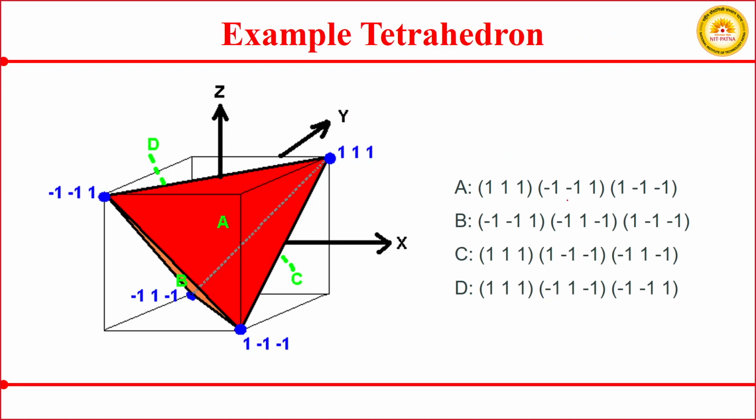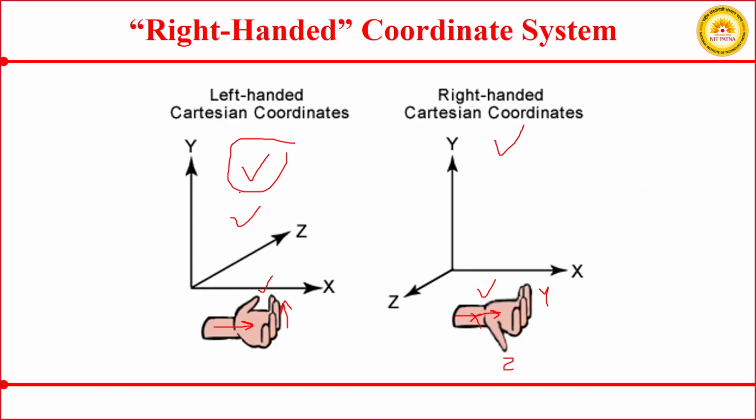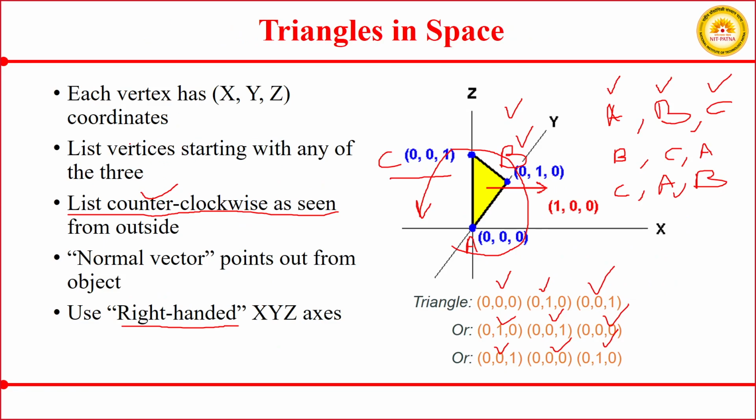Let us take one more example: a tetrahedron. In a tetrahedron, how many vertices do we have? We have 4 vertices: vertex 1, vertex 2, vertex 3, and vertex 4. So what is the rule? The rule is that we have to list all the vertices.